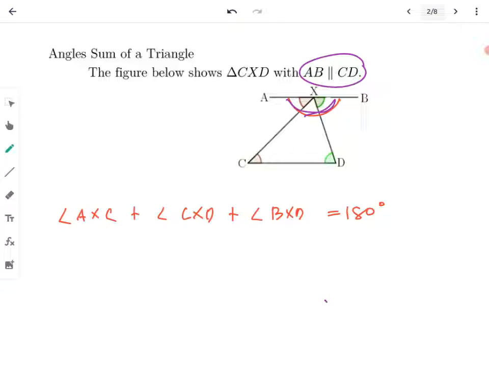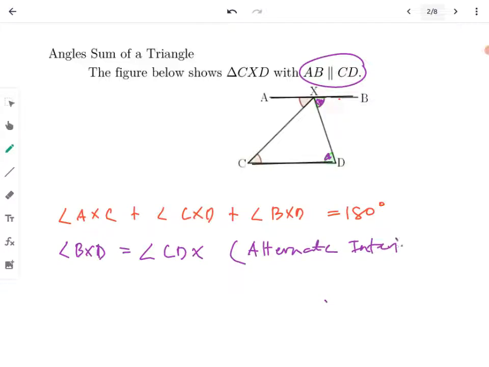In this figure, because these lines are parallel, angle BXD and angle CDX are equal because they are alternate interior angles.